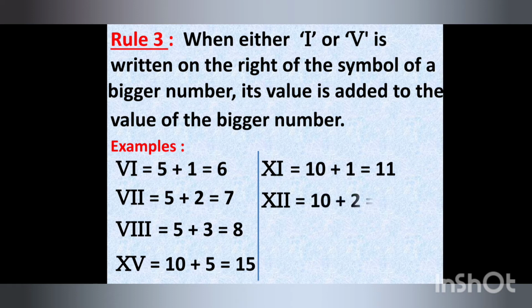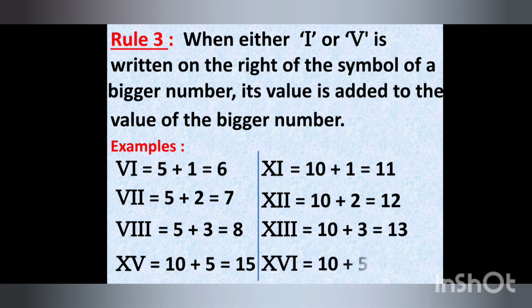XII, where II is 2 and X is 10, so the smaller value, which is 2, will be added to 10 and we will get 12. XIII, where III is 3 and X is 10, so they will be added to get the value 13. XVI, we will get the value 16.